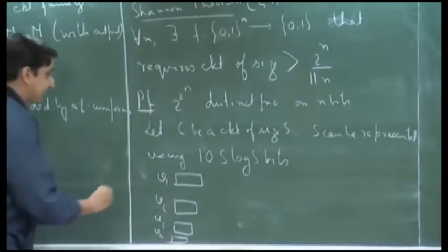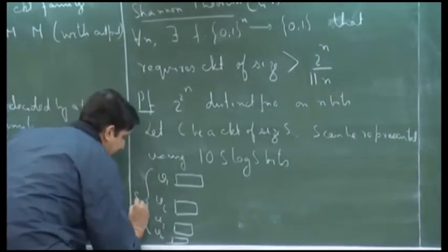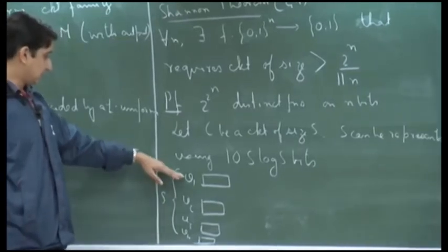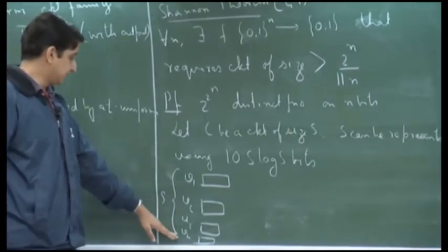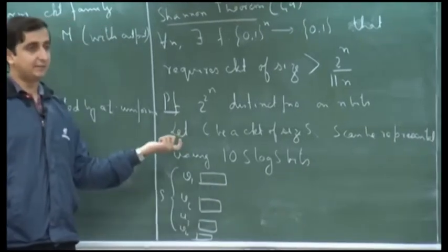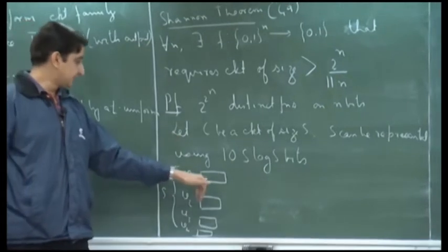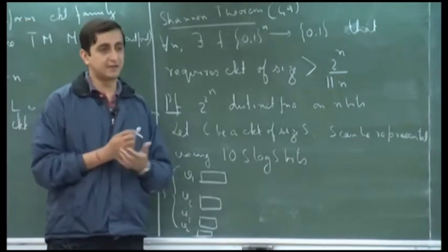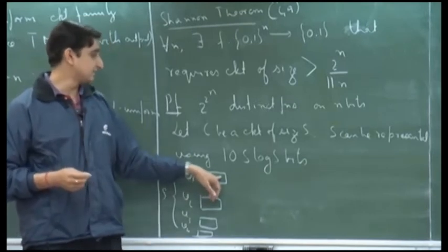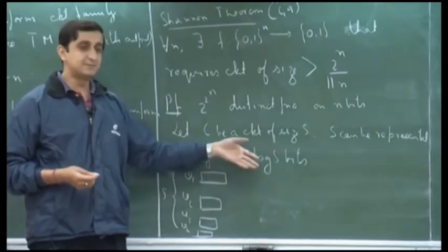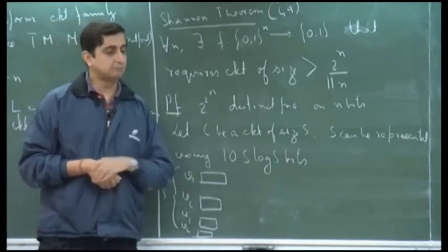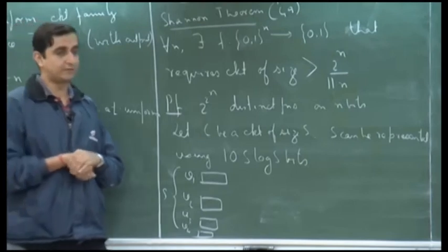So, there are S many such vertices in my adjacency list representation, and each such list has constantly many elements. Okay. And to represent one element you need log S bits. So, that is why it is some 2 times log S plus maybe some other constants, that is why I took an upper bound of 10.